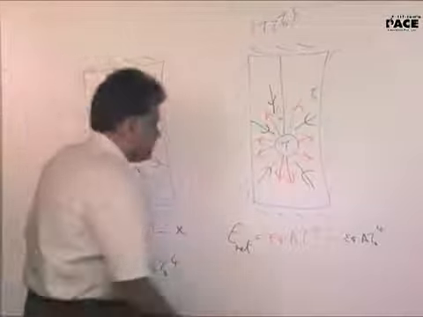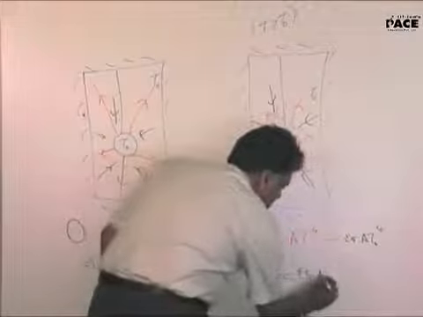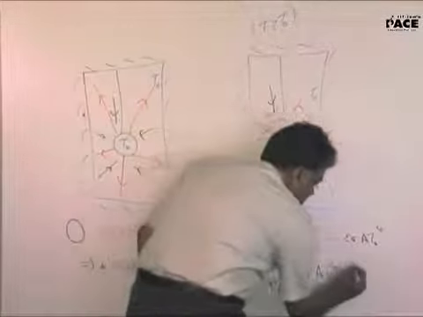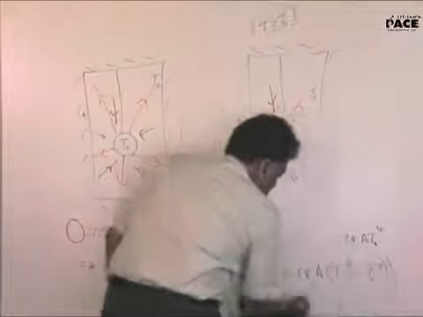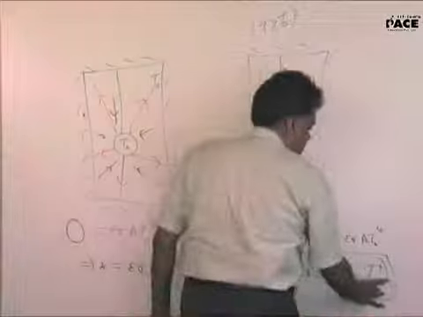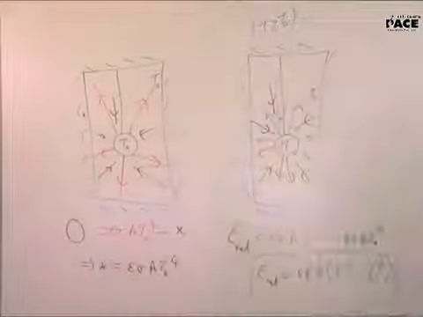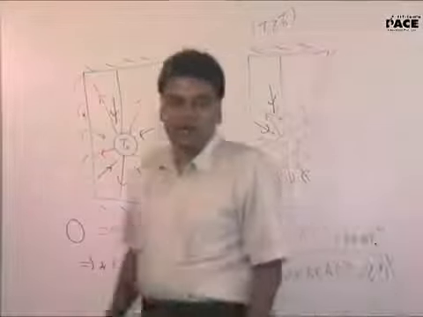So the net emissive power equals epsilon sigma A times (T power 4 minus T naught power 4). This is a more practical way of writing Stefan's law. Because when we say Stefan's law, it assumes as if the body is isolated. There is nobody around it.